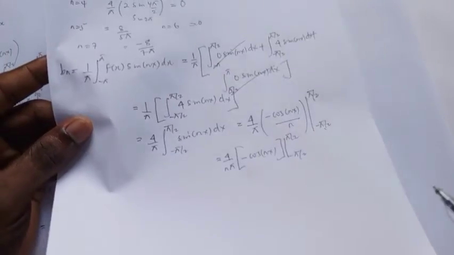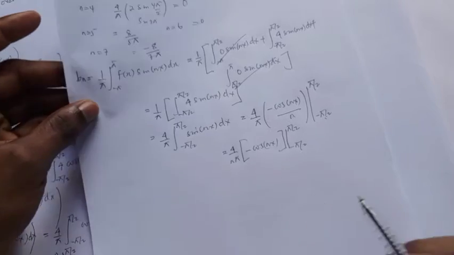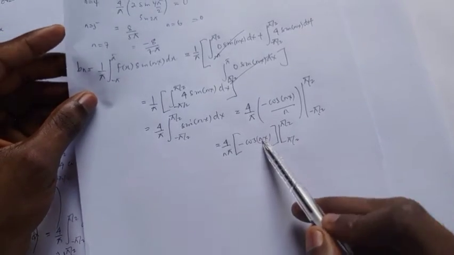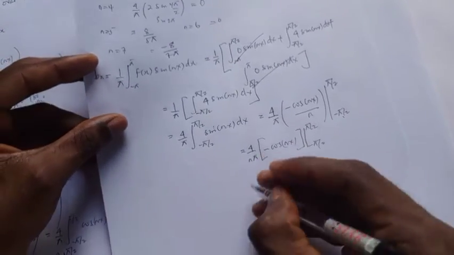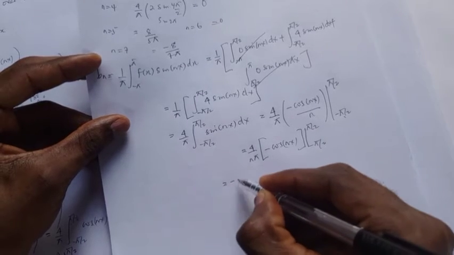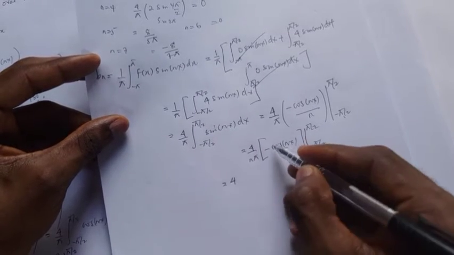So if I impute the values of this limit into the values of x, I'm going to have minus 4 over pi.